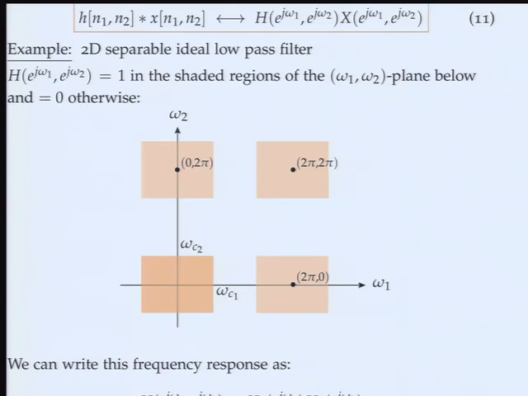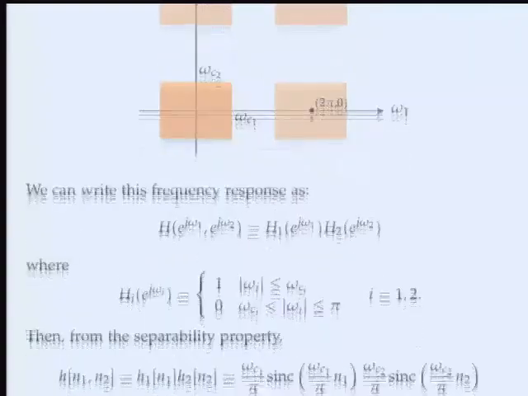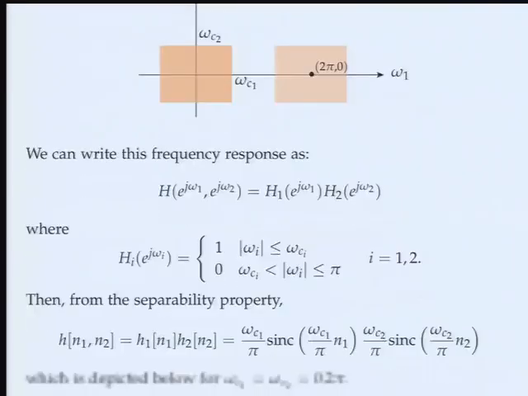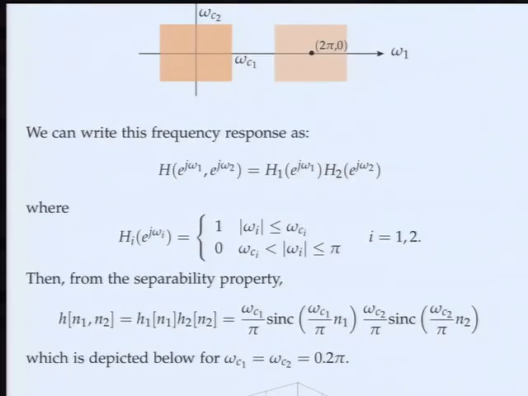That's basically separability at work, using the facts that we already know. So I can write this as a product, H1, H2, and then the impulse response is a product of h1 of n1, h2 of n2. And these are the sincs.